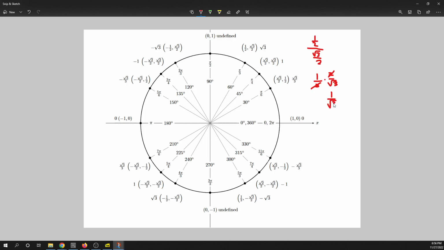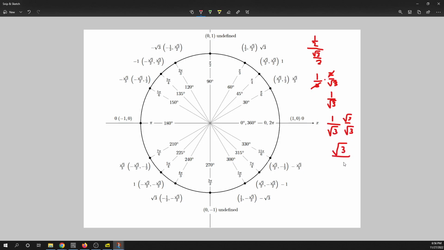So you might encounter that value sometimes, 1 over square root 3. If you do, you might not recognize that that's equal to square root 3 over 3. If you rationalize this 1 over square root 3, multiply top and bottom by square root 3, I get square root 3 on the bottom.